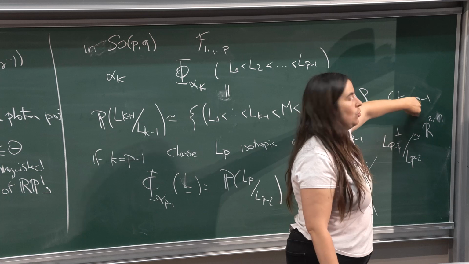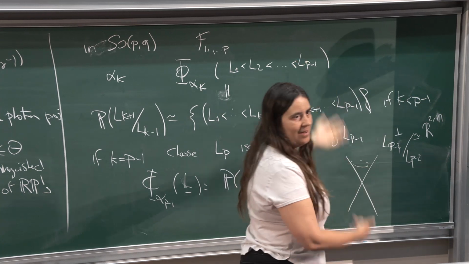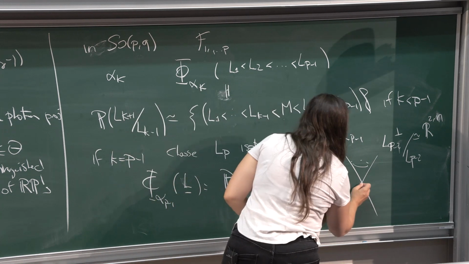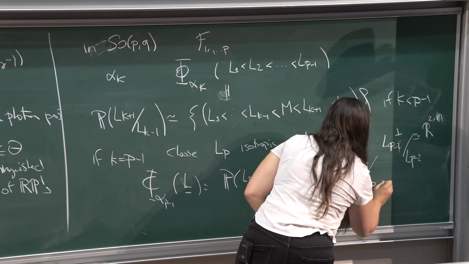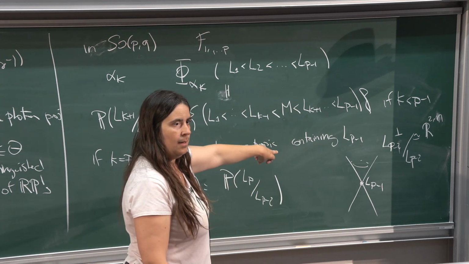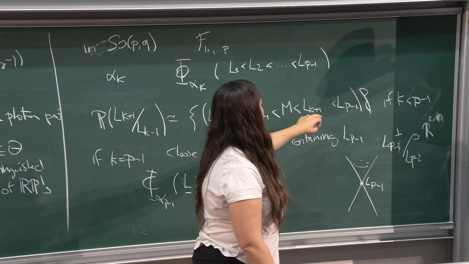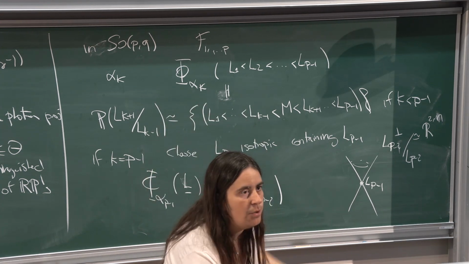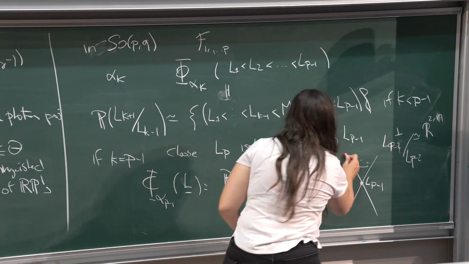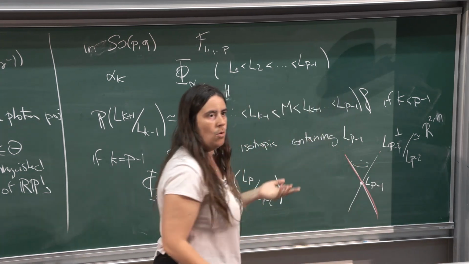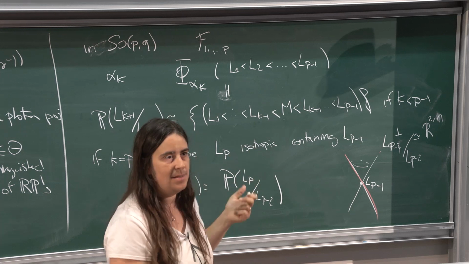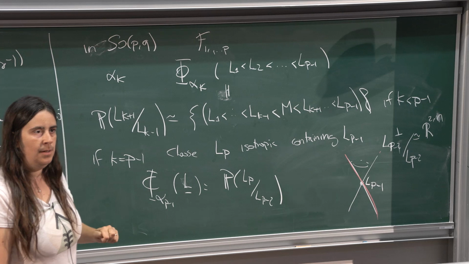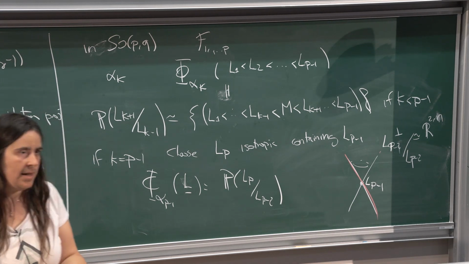There I have a metric of signature 2, n or whatever n, and it's a combination of p and q that I don't want to mess up on the board. And then in that case, this is LP minus 1, my base point. And choosing a photon is the same as choosing this LP, which is the same as choosing a photon in that picture, like choosing one line in that cone. And any line is equally nice. So I don't have a G-equivariant way of choosing one of those lines. The same picture works for any theta positive group.